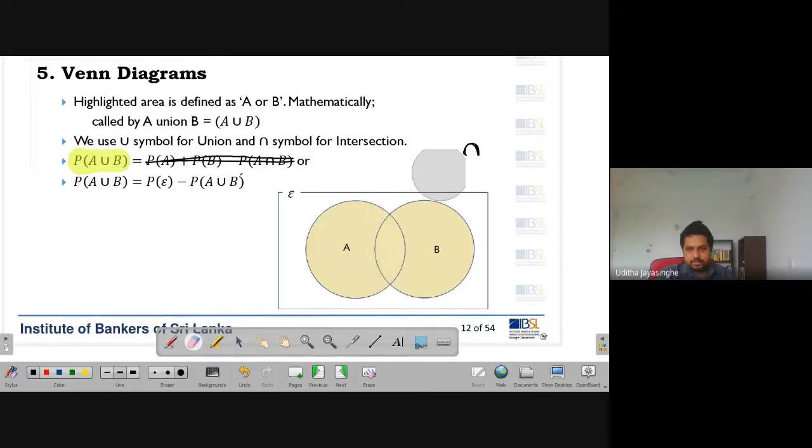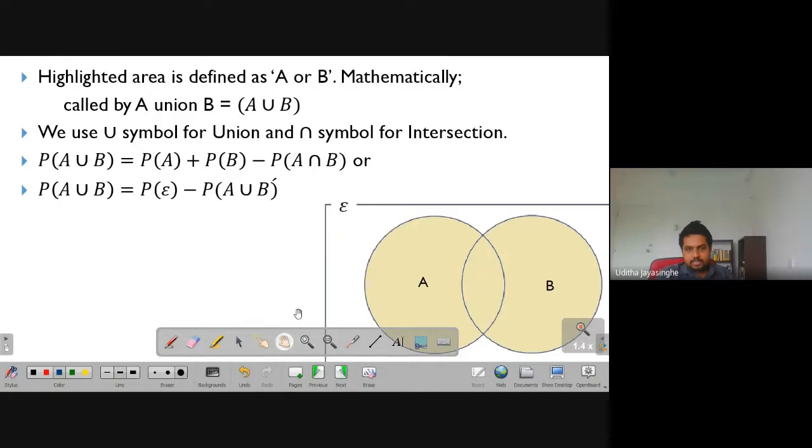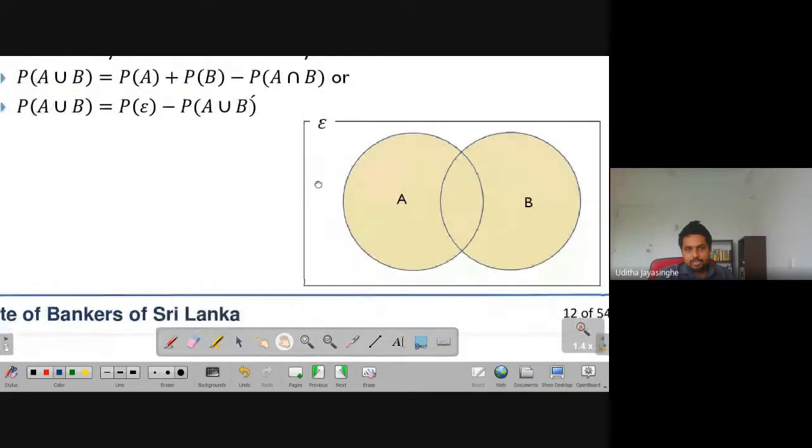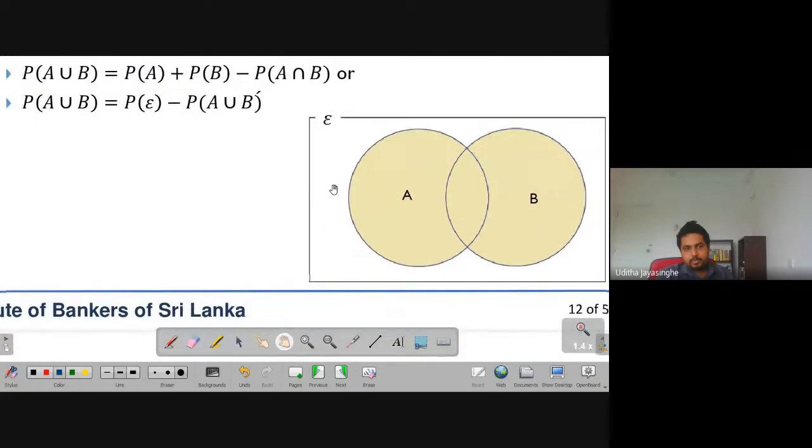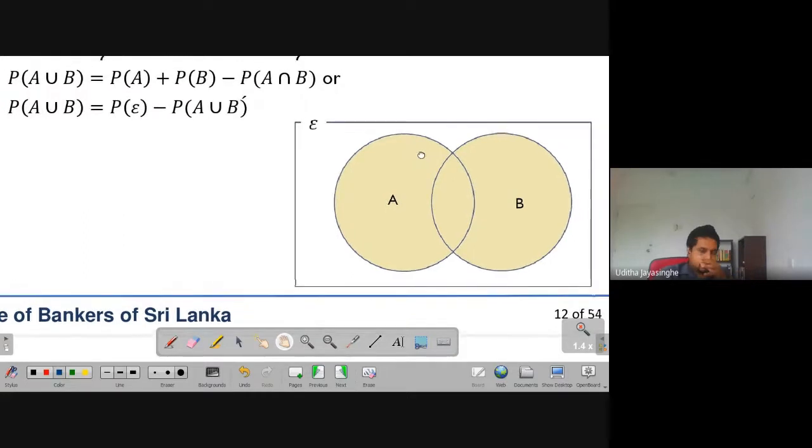Now this is something I'm going to discuss in detail, but try to understand, since it's purely an argument from the diagram's point of view. The first equation that I've written here, P(A ∪ B), I have demarcated like this. The addition of these probabilities, students, is going to be very easily understood with the Venn diagrams or the color diagrams. I have highlighted it here.